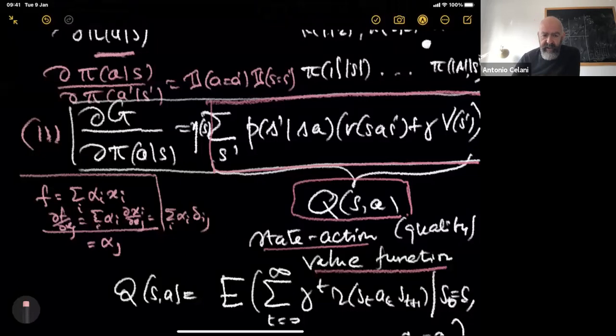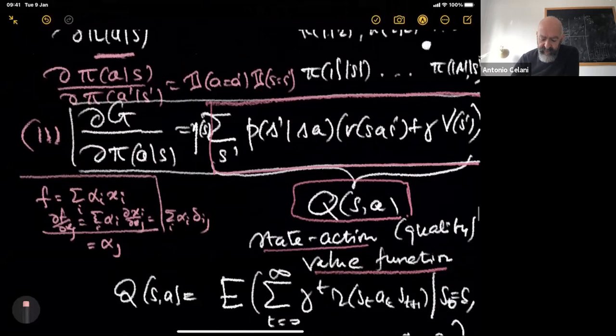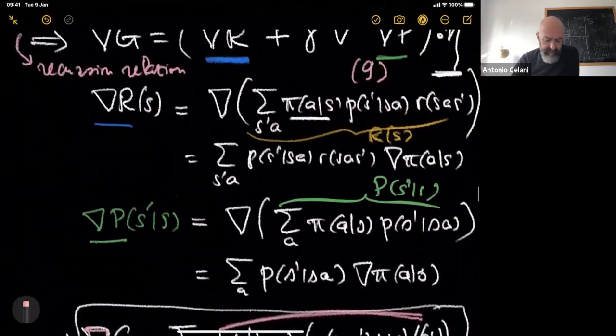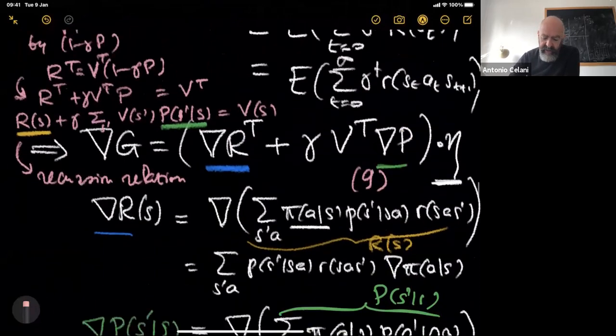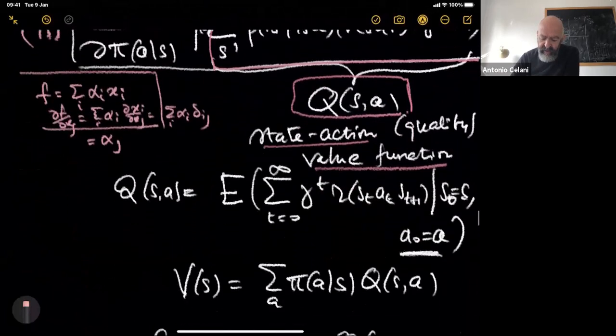As I've written here below, this Q function is exactly equal to this object. How do you prove it? Well, you repeat the same kind of tricks that I did for the value function. You remember what we did above. Here, you can plug that in again, replace, and see that this object is indeed this expectation value.